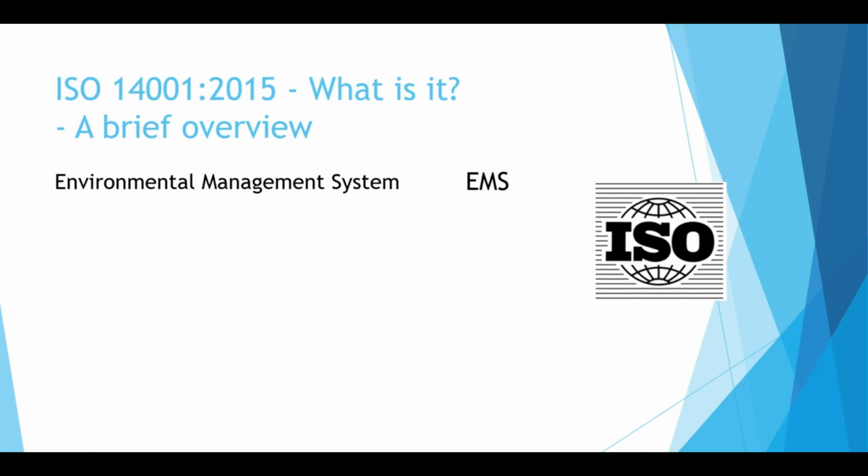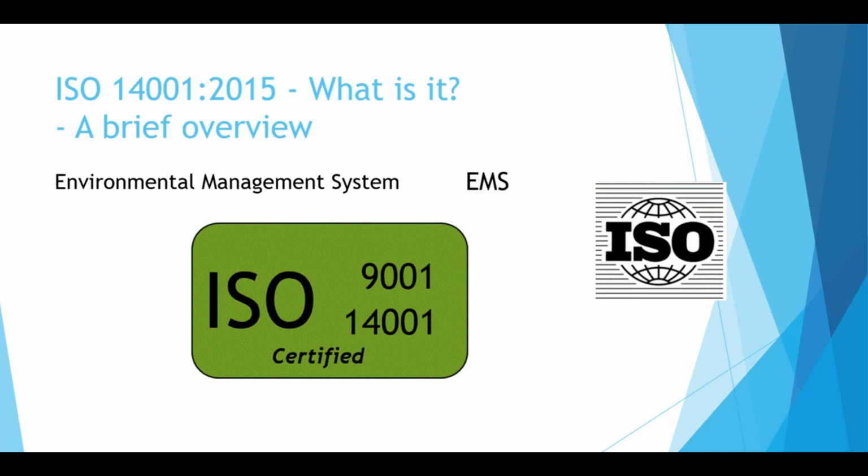The 2015 revision of the standard has a high-level structure almost identical to ISO 9001-2015 for quality management, which makes it easy and desirable to integrate environmental and quality policies, objectives, and processes into one management system.